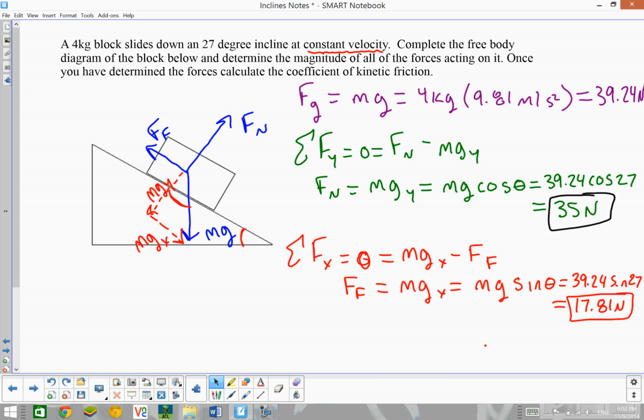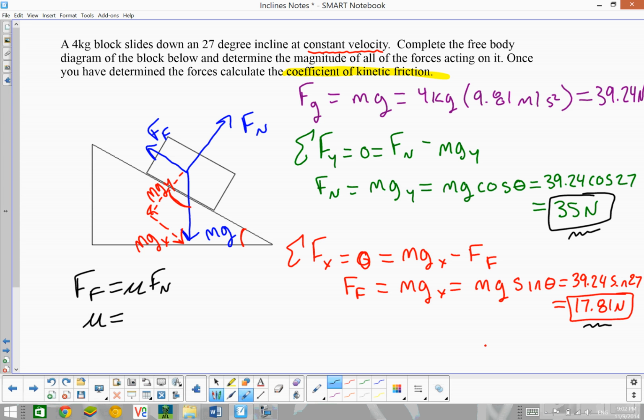Like I said, this is just like the last problem with one little additional step. We need to find the coefficient of kinetic friction. Remember, that's mu. There's only one equation where we can use mu: the force of friction is equal to mu Fn. Well, now we have the force of friction, and we have Fn. So all we have to do to find mu is rearrange this equation.